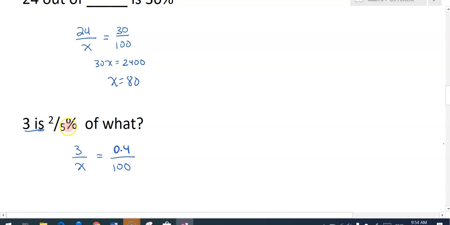So 2/5% is 0.4 out of 100. So we could cross multiply, divide both sides by 0.4, and so now, oops, I'm missing my x in there, and now I get x is 750. So that means 3 out of 750 is equal to 2/5%.